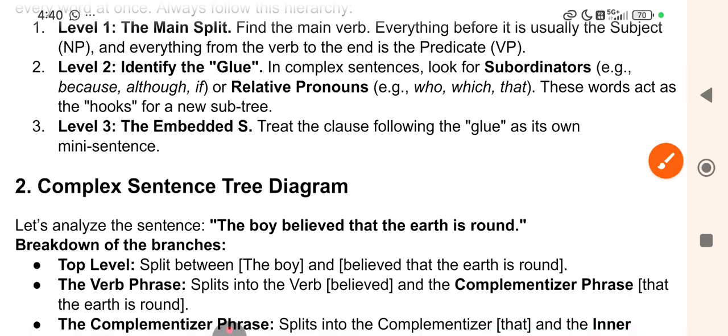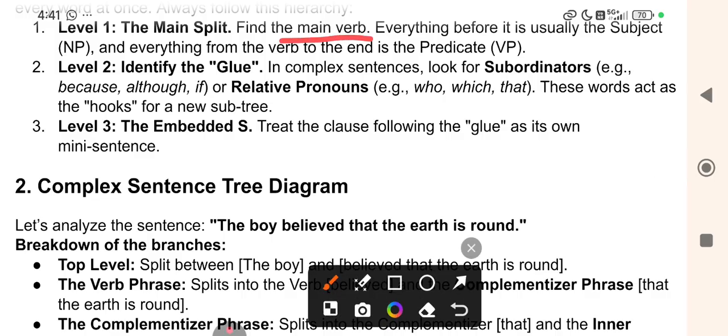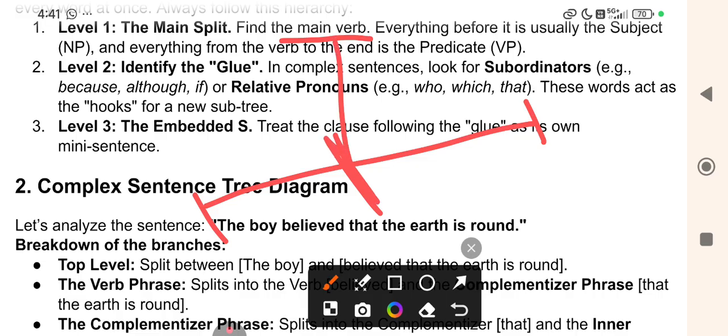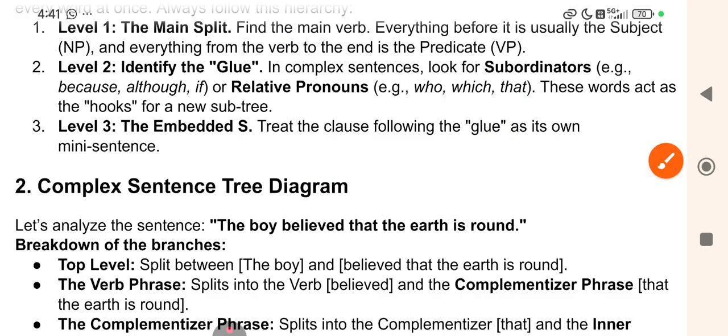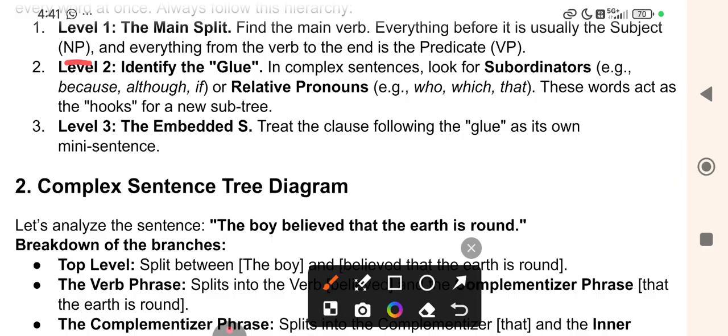So let us read together. Level 1, find the main verb in a sentence. First of all, suppose this is a sentence, right? We have to find the main verb. That's the main cut, the main joint, right? Everything before it is usually an NP, and everything from the verb to the end is the predicate or verb phrase.